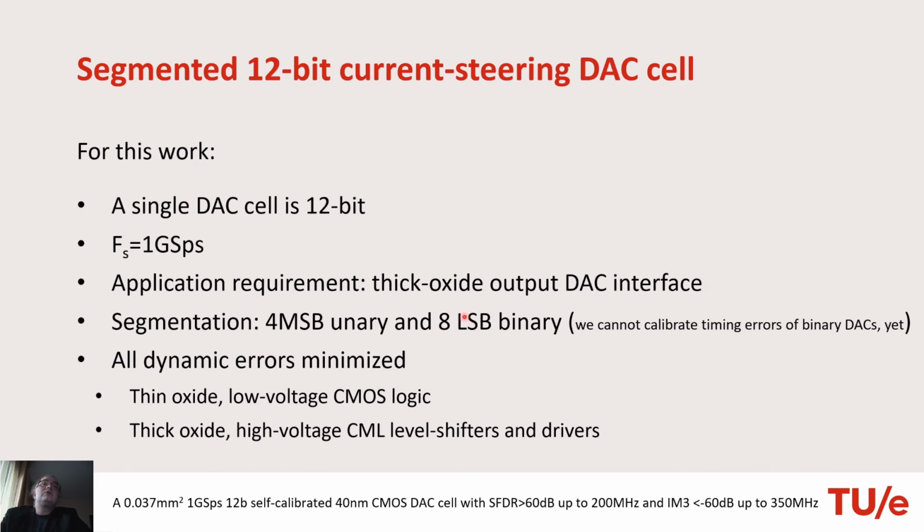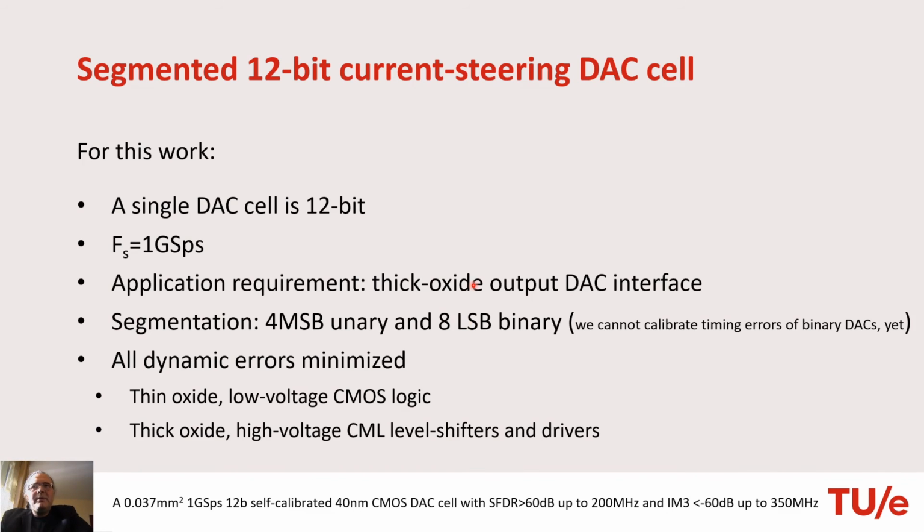We chose some segmentation, so we allowed 4 MSB to be unary and 8 LSB, which is still a large portion, to be binary. We calibrate everything, all the unary and all binary, with our algorithm. The reference, of course, is nominally equal to the unary current, so all the unary currents are calibrated to the reference, and then binary currents follow with the algorithm that I just presented.